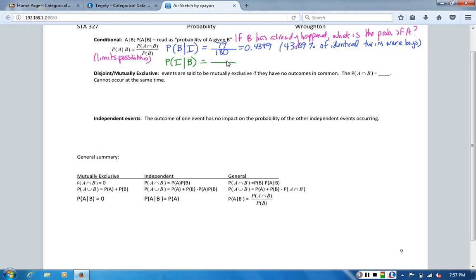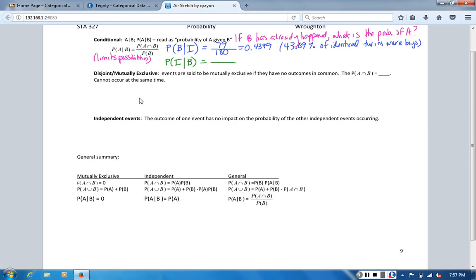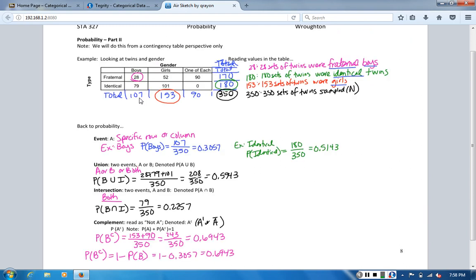So when I'm talking about my bottom number, how many sets of twins that I had were boys? Well, that's 107. That's going to be my new bottom number. Now that I know I'm looking at the 107 sets of boy twins, how many of them were identical? It's 79.